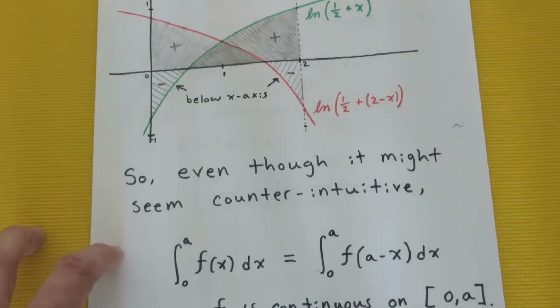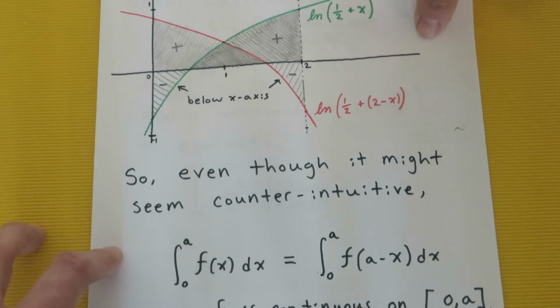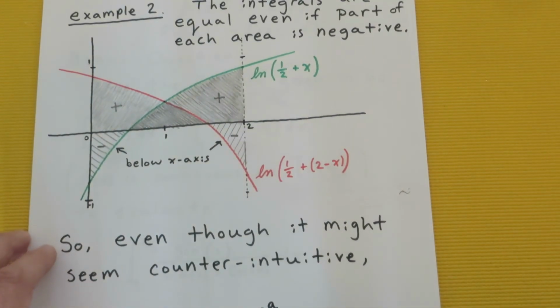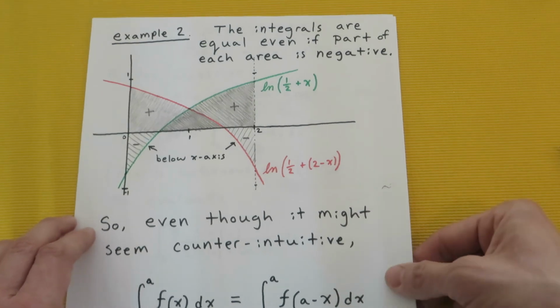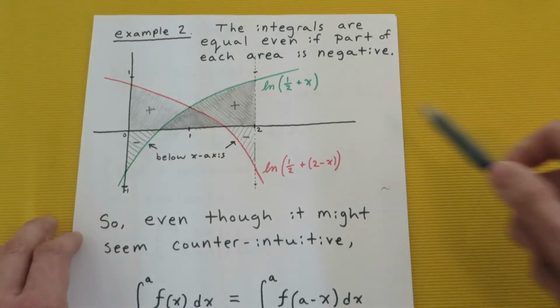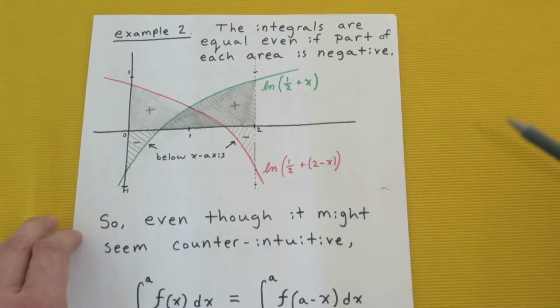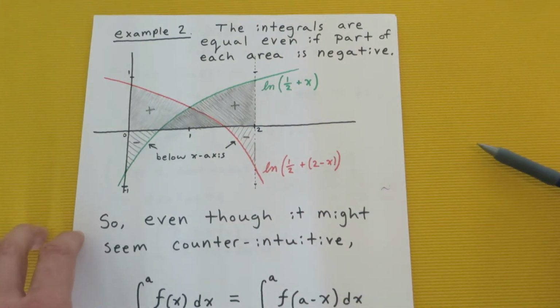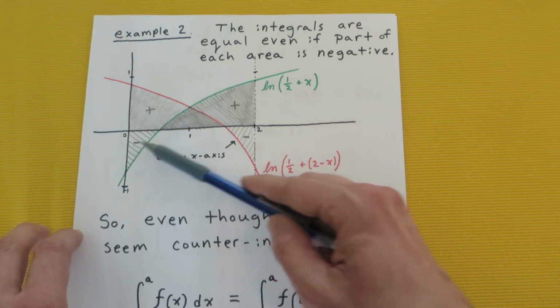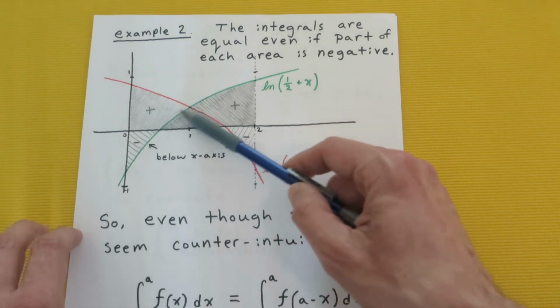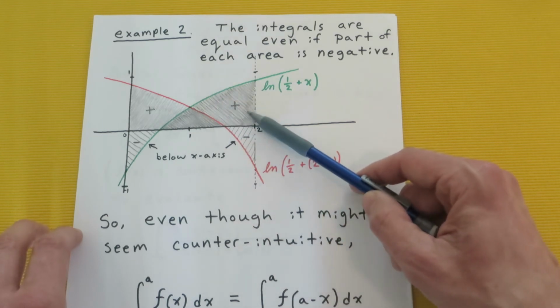We could take a look at another example. Obviously, parabolas are kind of simple. Even if part of the integral goes below the x-axis, so part of the integral is negative, the areas are still going to be the same. Notice you have a negative area here that's equal to a negative area here. You have a positive area here that's equal to some positive area here.